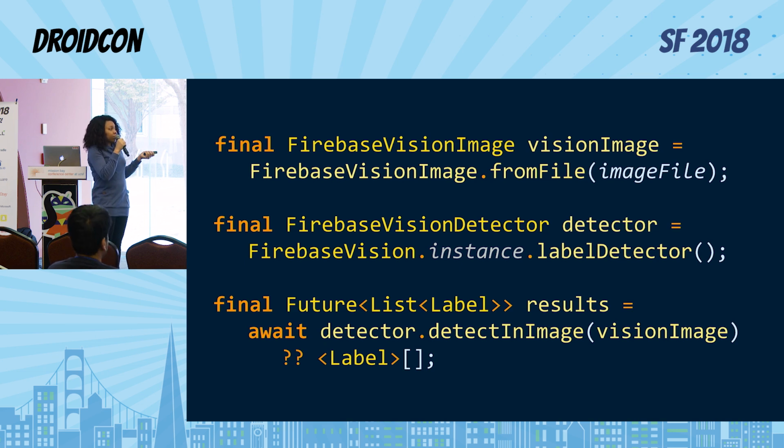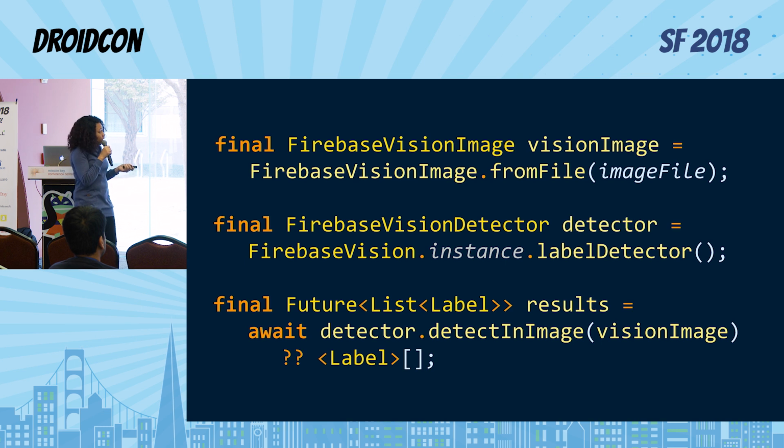So I'm using the label detector to detect the labels in the image, and since it's an asynchronous call, I'm going to wait for the results of the Firebase Vision image. When the result returns, it's going to return a list of labels. If it doesn't return, or if it returns null, it's going to return an empty list of labels.